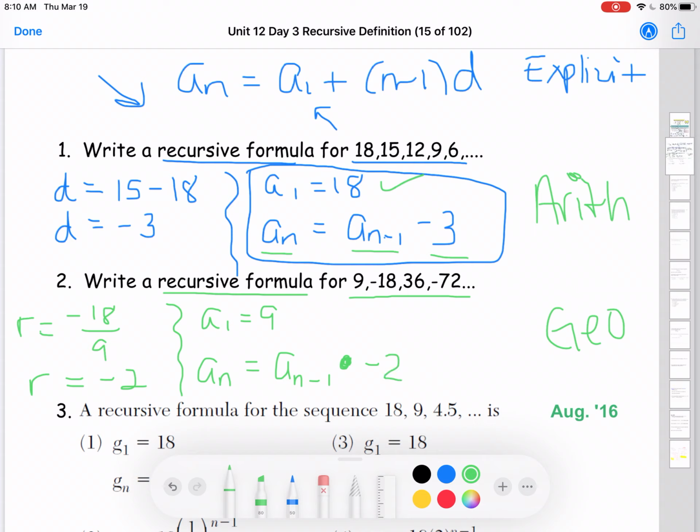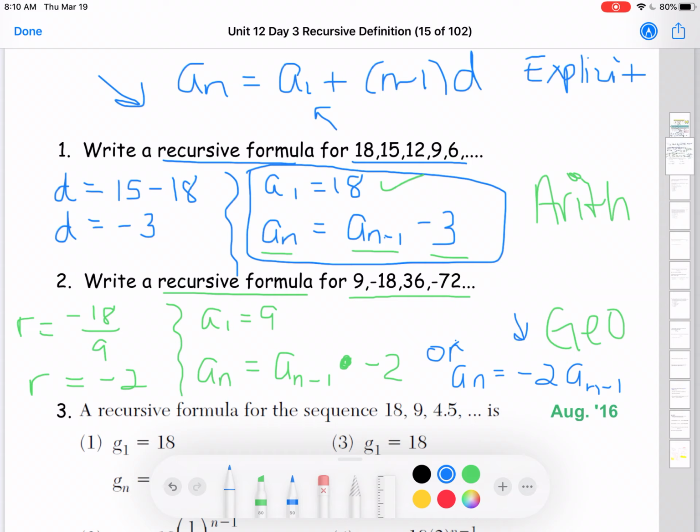So that's one way we could write the answer. The other way you could write the answer, you still state the first term, but you could say the next term is equal to -2 times a sub n minus 1. You could put the -2 in the front.